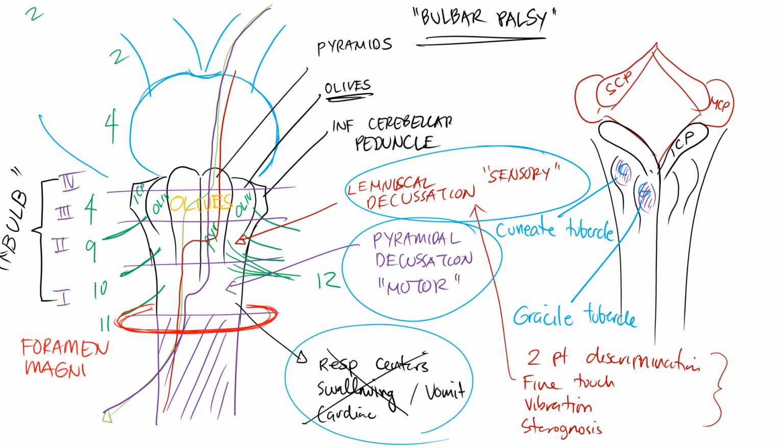That is where your brainstem ends and your spinal cord begins. Of course, you can also use other landmarks. For example, the first cervical, C1 spinal nerve, that marks the beginning of your spinal cord. So remember, foramen magnum is a very important landmark.